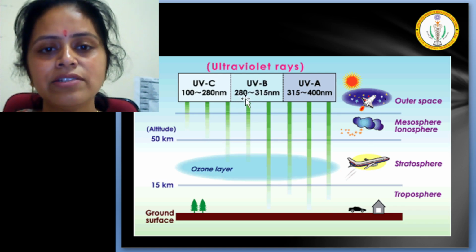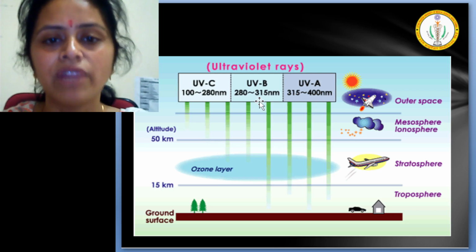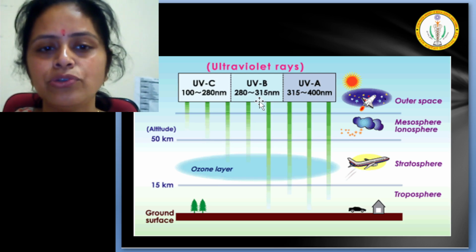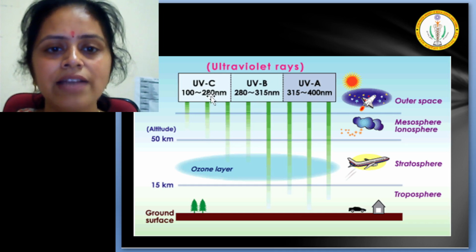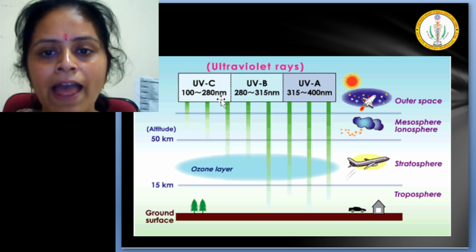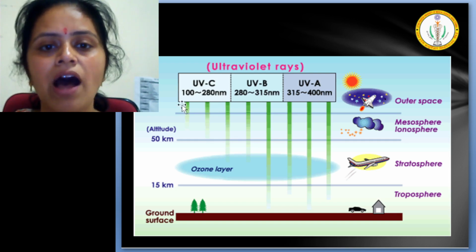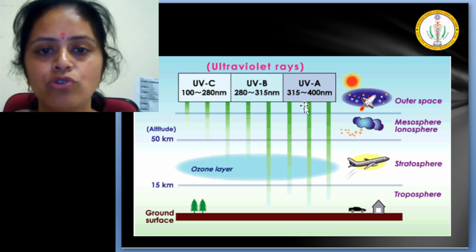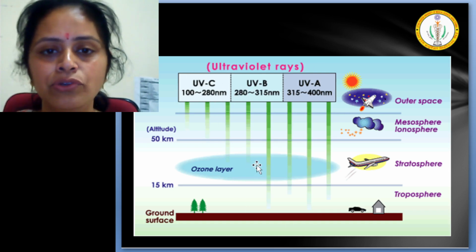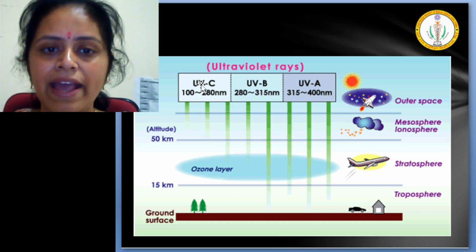You can see here it is 218 to 315 nanometers and it covers an altitude above 50 kilometers. And the last one is the UVC, which covers the 100 to 280 nanometer wavelength, and it is most commonly absorbed in the outer space. So this is the natural way of getting the UVR types A, B and C.